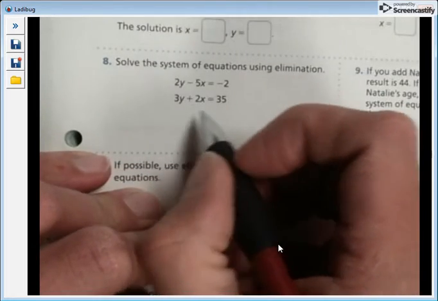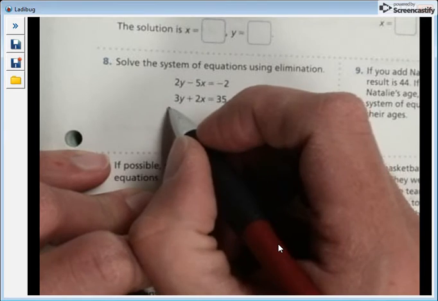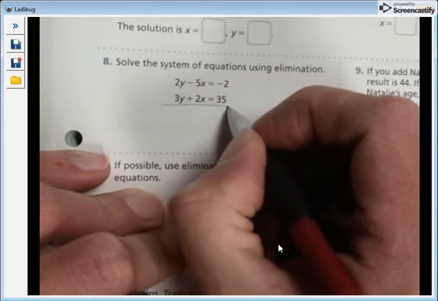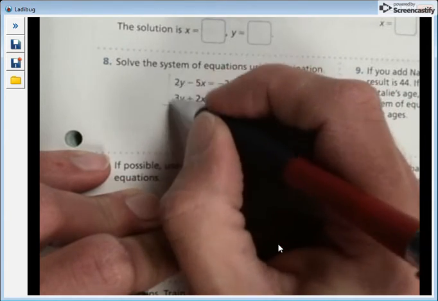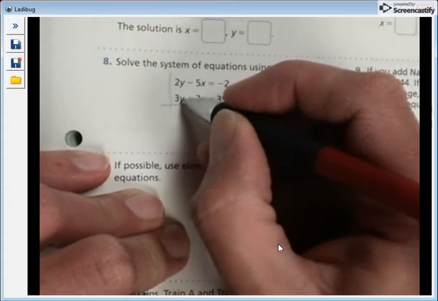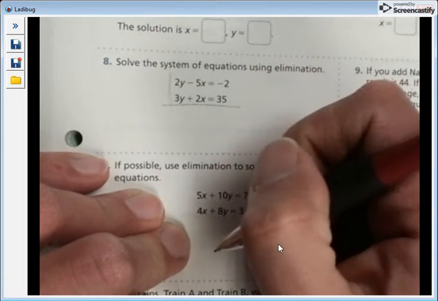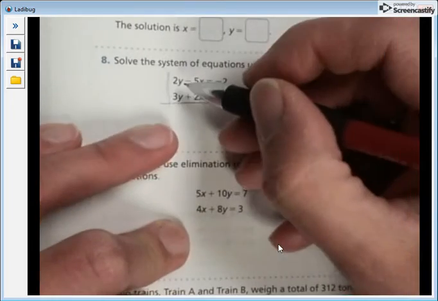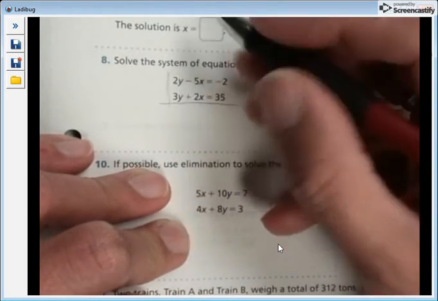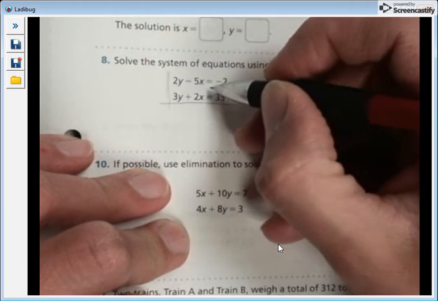And the idea of the elimination method is you're creating this problem that now runs vertically. You've lined up the y's, you've lined up the x's, you've lined up your constants here, and you're trying to figure out, how do I get rid of the y's? How do I get rid of the x's, right?